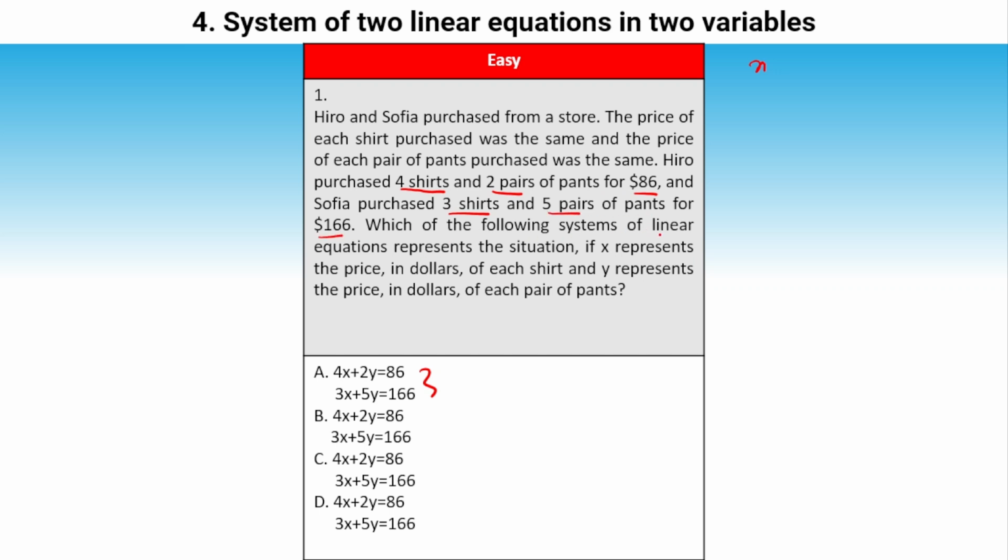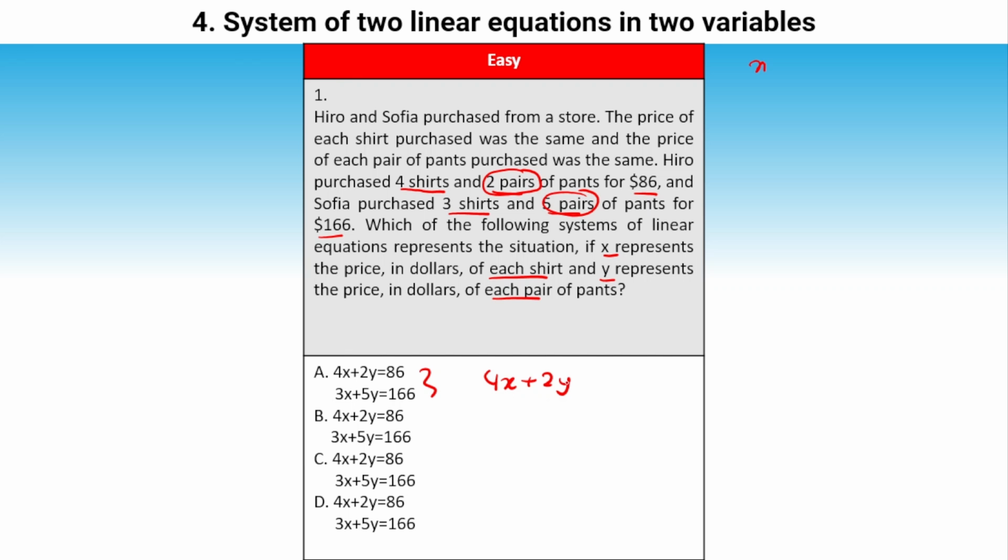Which of the following systems of linear equations represents the situation, if x represents the price in dollars of each shirt, and y represents the price in dollars of each pair of pants. So pants were always given in pairs, so we can directly multiply. No problem. So 4 shirts for Hero, you can say 4x plus 2y, 2 times y.